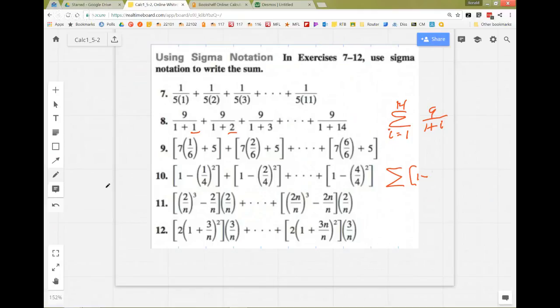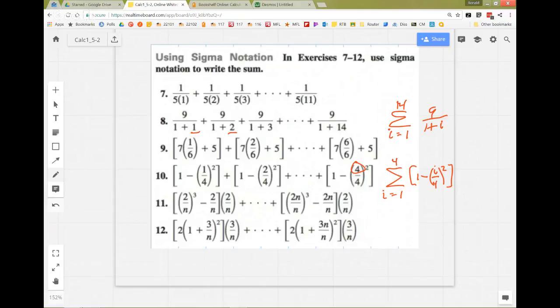So I over 4 squared. Yeah, and that's it. And what is I starting at? I starts at 1, and you look over here at the end, it goes up to 4. I guess I didn't need the brackets.